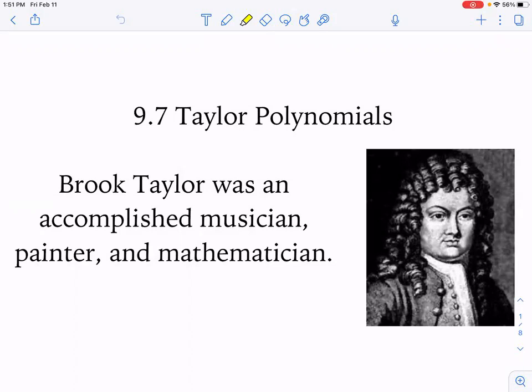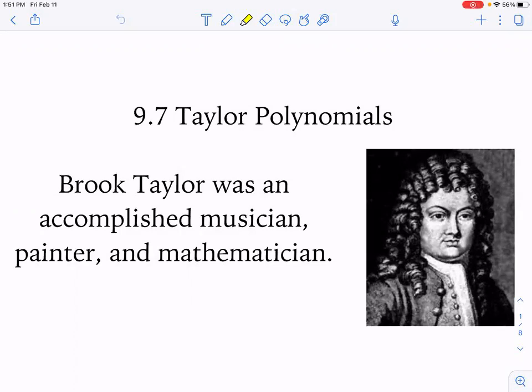Okay, so we are going to talk about Taylor polynomials, and this is going to lead us into some discussions about power series, about Taylor series, all sorts of cool things.